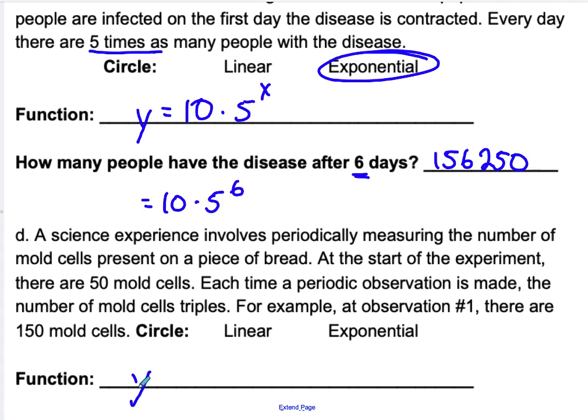So our function is going to be 50 is my starting amount. Each time it triples. That means we're multiplying times 3, but it's going to multiply by 3 over and over and over again, which is 3 to the x power. That makes this an exponential function. So when we see that we're going to keep multiplying by that same number over and over again, that's where we want to use an exponential function.